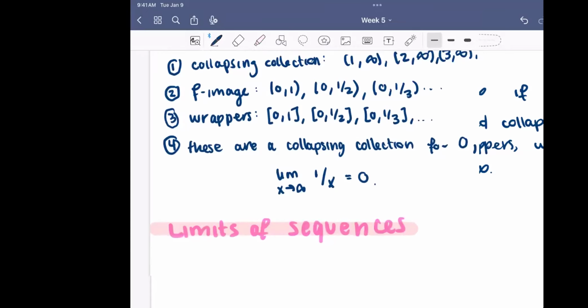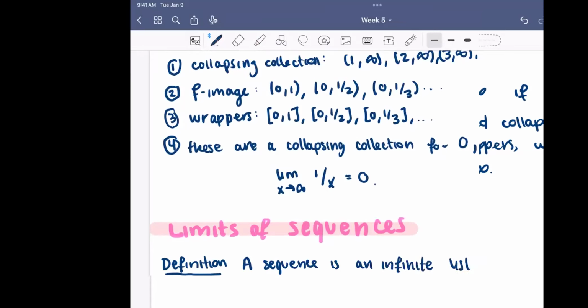Okay, so what is a sequence? A sequence is just a list of real numbers, an infinite list of real numbers. So let's make a definition. A sequence is an infinite list of real numbers.